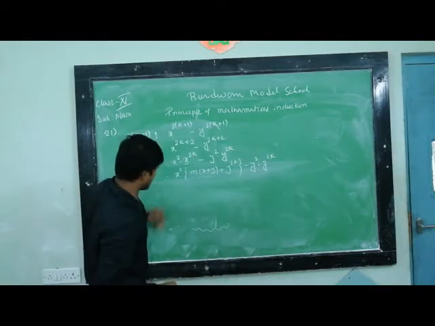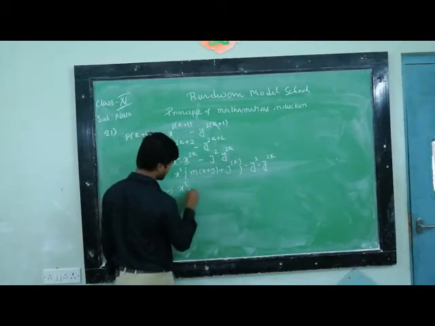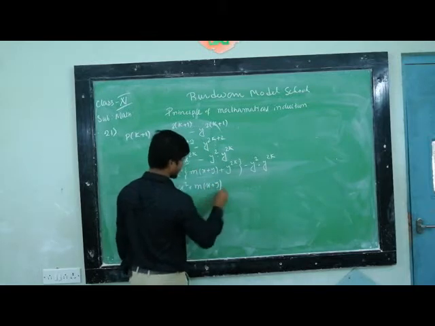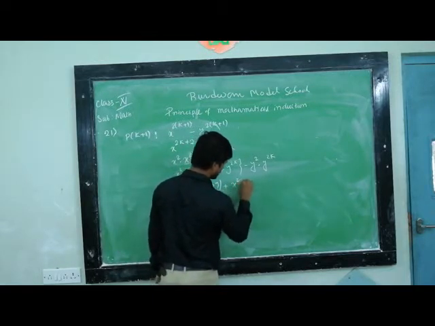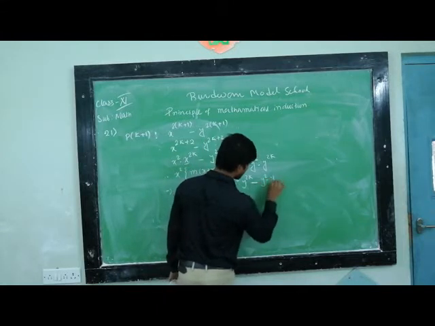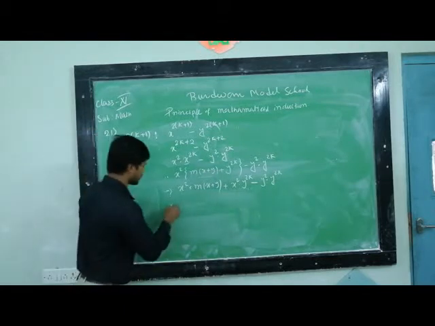Okay, I am rewriting the limit. That means x square into m into x plus y plus x square into y to the power 2k minus y square into y to the power 2k. Now from the last two terms we can take y to the power 2k common.